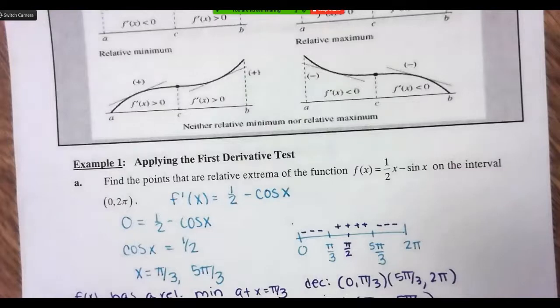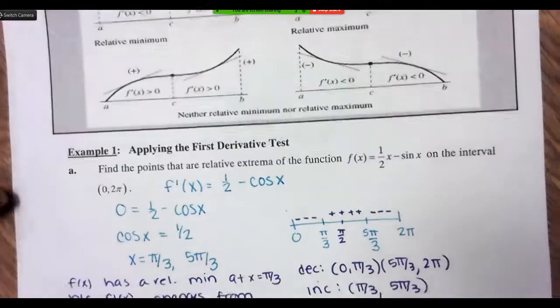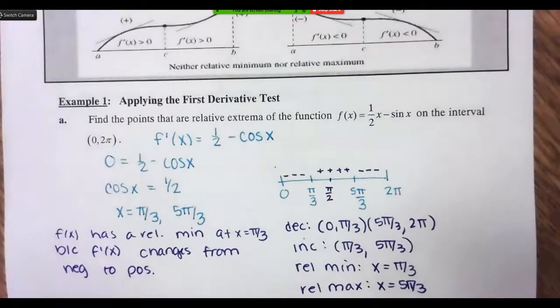And then you could just flip it for your second part, and you could say that f of x has a relative max at x equals 5 pi thirds because f prime of x changes from positive to negative.